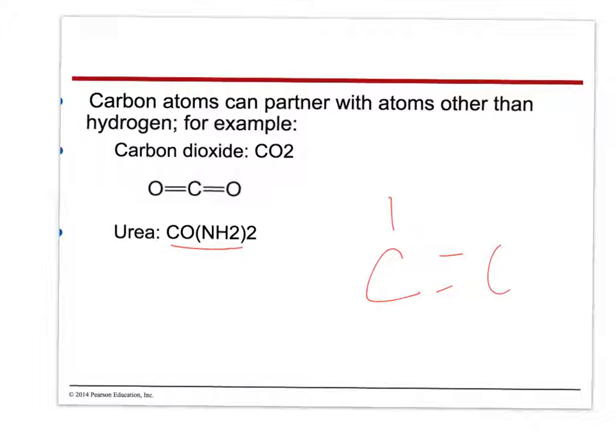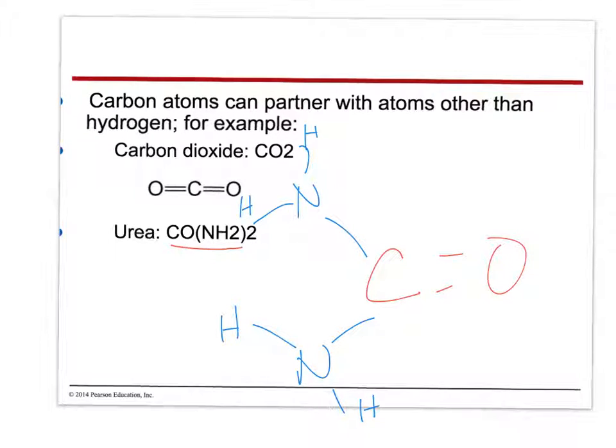It's 2 bonds to oxygen, right? And then 1 to NH2 here, and 1 to NH2 there. These are H's. How many bonds does carbon have? 4, making it stable. Okay? All the molecules in this case now are stable.